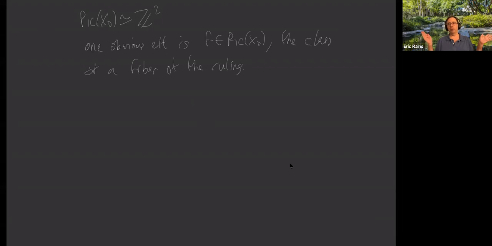I mean, if we're going to have a ruling as part of the data, we might as well use that as part of our constructions. We get this class of a fiber, and another is a class I'll call S min, which is the class of a section of minimal self-intersection.